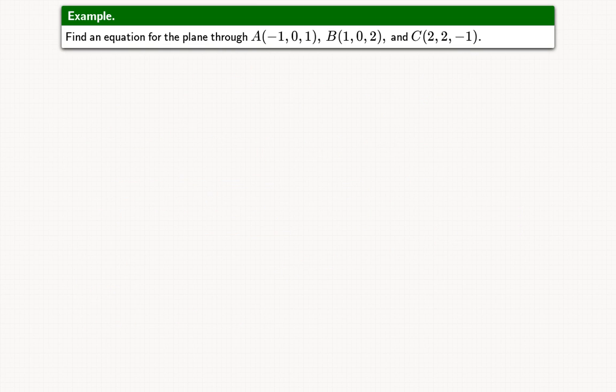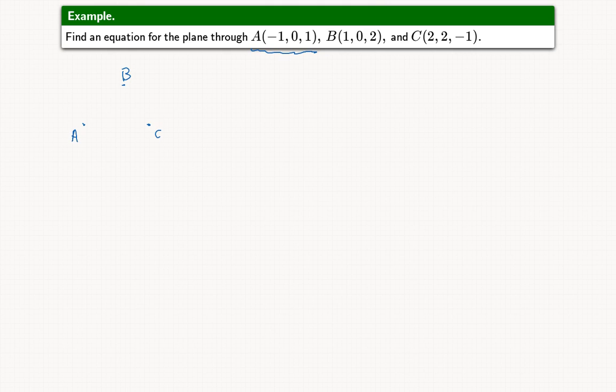Another very useful way to describe a plane is that any 3 points which are not collinear, so not all on the same line, uniquely determine a plane. So how do we go from a description like this to an equation of our form? Well, we already have a point on the plane, so that's good. But then we need a vector which is orthogonal to it. Our way of producing orthogonal vectors is the cross product.